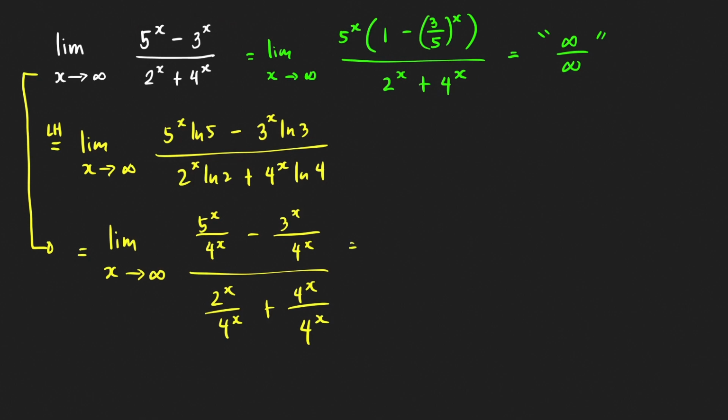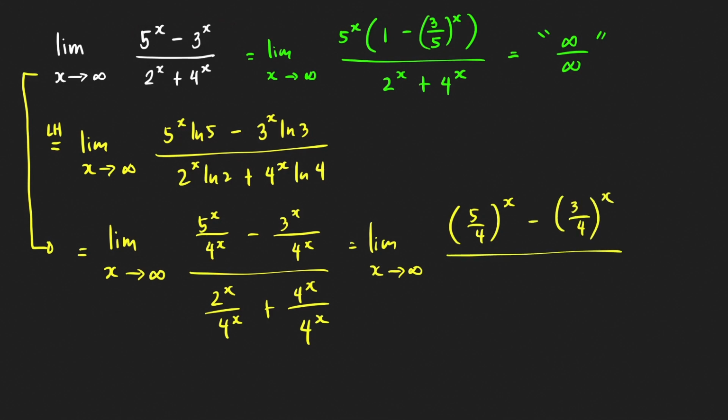And this is just equal to limit as x approaches infinity of (5/4) raised to x minus (3/4) raised to x, and then all over (1/2) raised to x, and then plus 1. And what is the number approached by the function values as x approaches infinity?